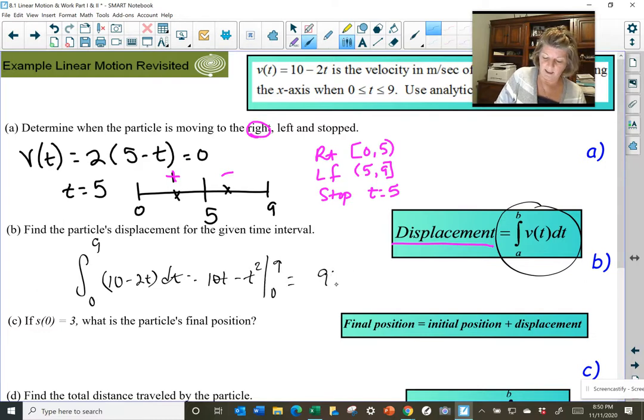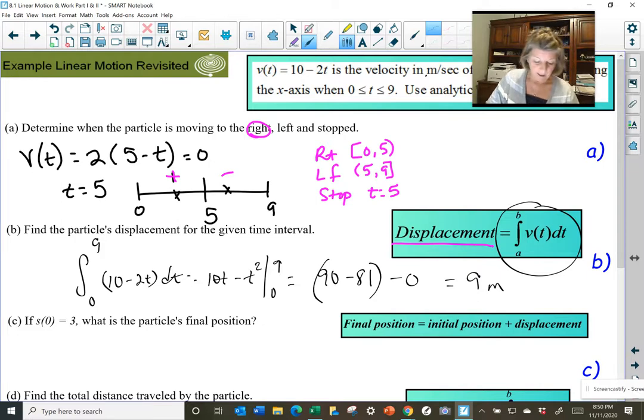Looks like we get 90 minus 81. Put in 0, that gives us 0. So net displacement, or the particle's displacement, is 9, and we were in meters, so 9 meters.